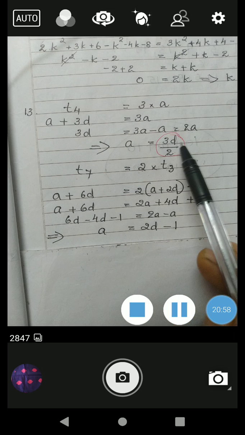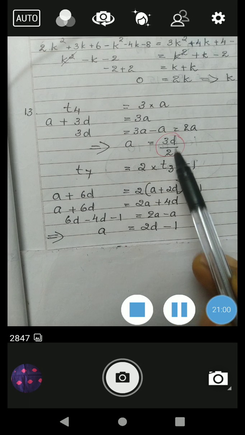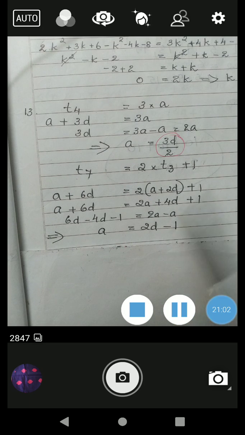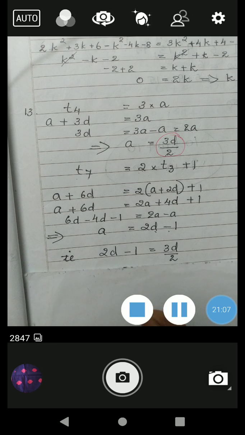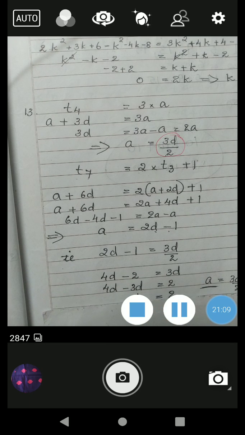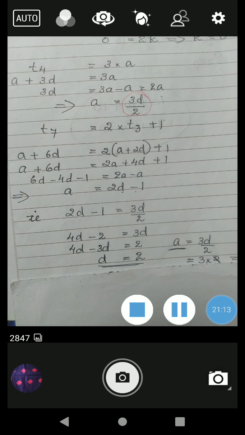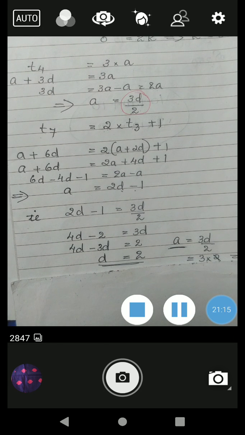In this case, we also have A is equal to 3D by 2. So equate these two, both equal to A. You will get D is equal to 2, and substitute this value here. A is equal to 3D by 2, D is 2. So A is 3.